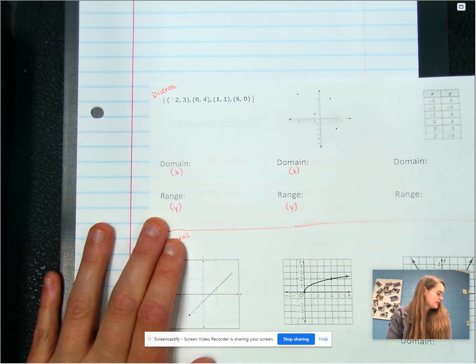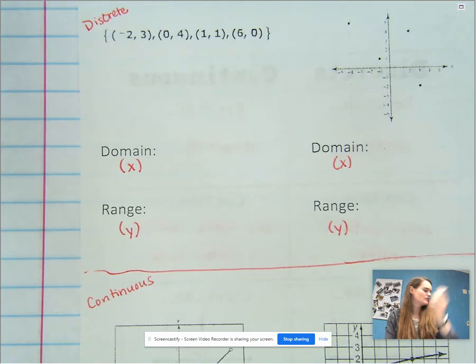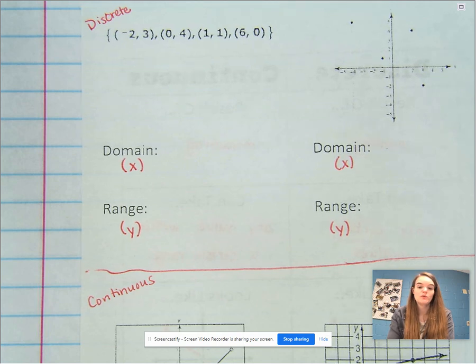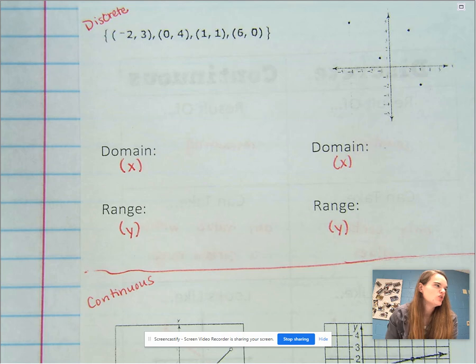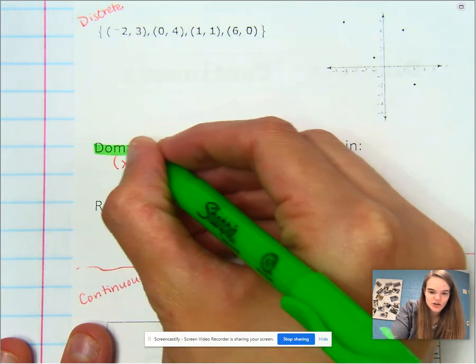You write it for all of them, that's fine, I don't care. Okay, so we're going to talk about domain and range. Domain today we are going to highlight in green. We won't be able to highlight everything, and you're going to see why. If it's on a graph like this, we're not going to be able to highlight it. We'll do our best, but we're not going to be able to highlight great. So domain we're going to highlight in green.